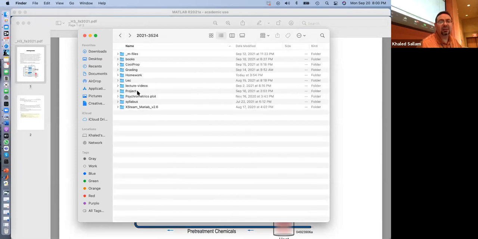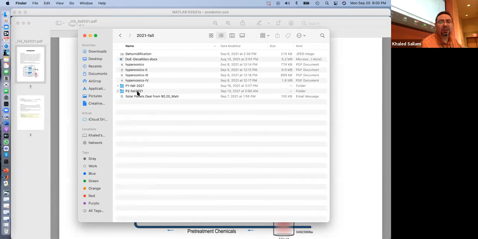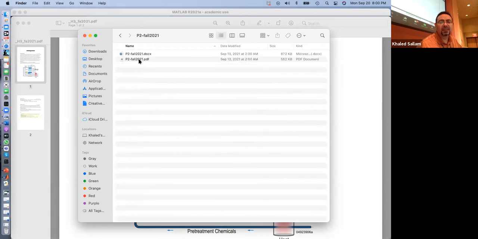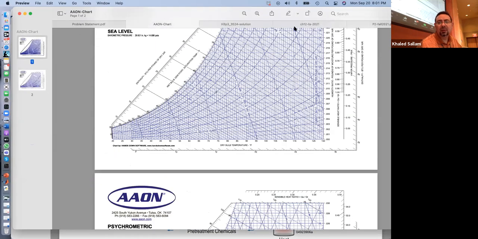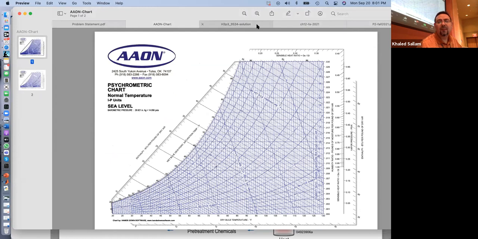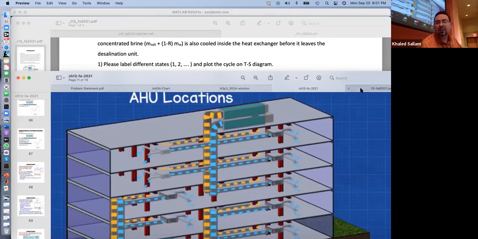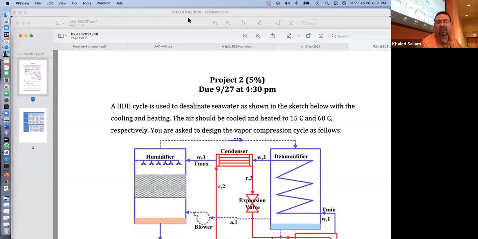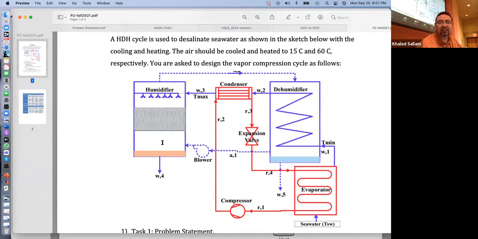Is that correct? 15 and 60, right? So this air needs to be cooled to 15, and this needs to be heated to 60.